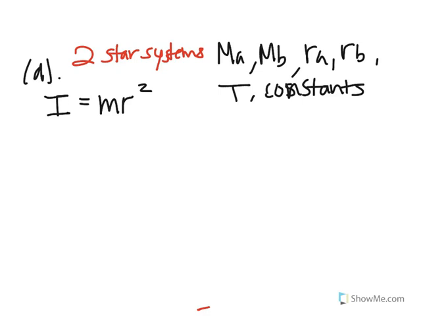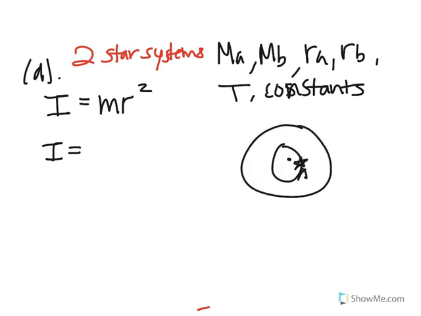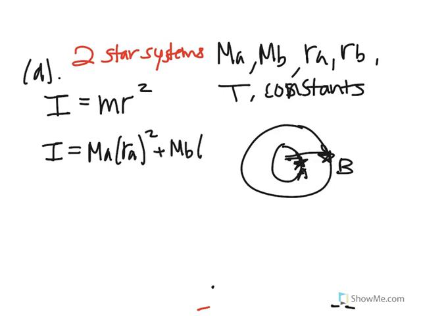So I is equal to the mass of A multiplied by the radius A squared plus the mass of B multiplied by the radius B squared.